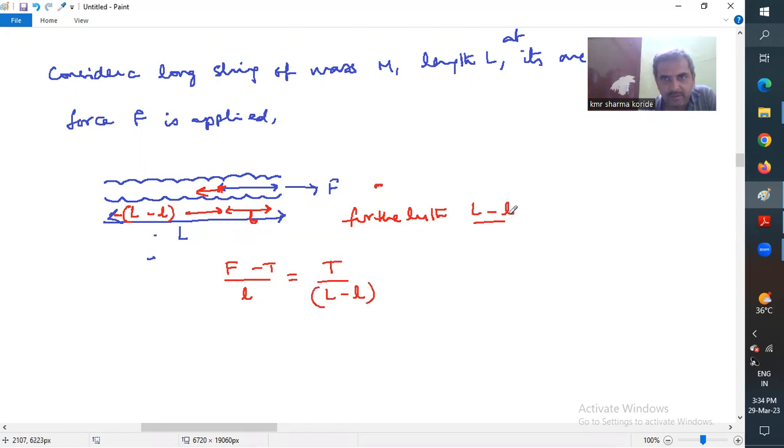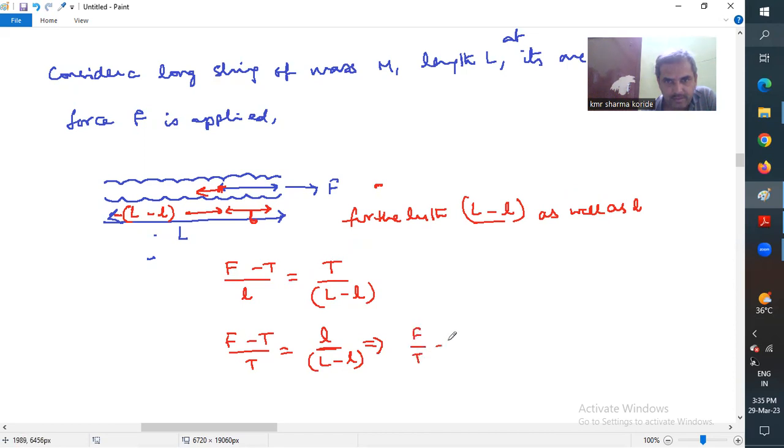So let us try to find the equation of tension in terms of capital F. What we can do is get T to this side. F minus T whole divided by T is equal to small l by capital L minus small l. So F by T minus 1 is equal to l by L minus l.